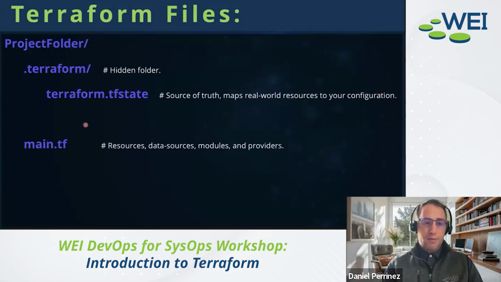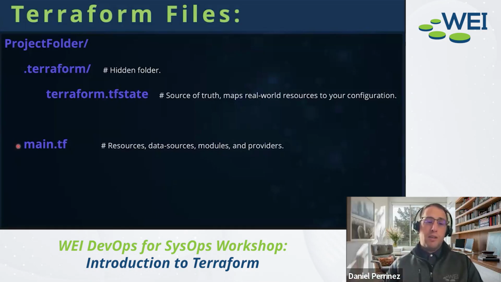This is really where the meat and potatoes is. Your main.tf file. So you'll put all of your resources, data sources, modules, providers, whatever in here. You could actually put everything into one main.tf file, or you could have 12 different .tf files.